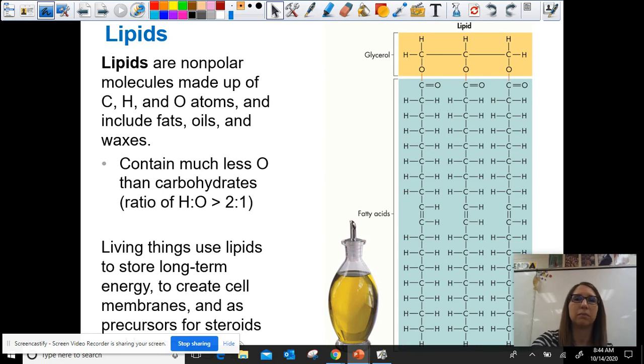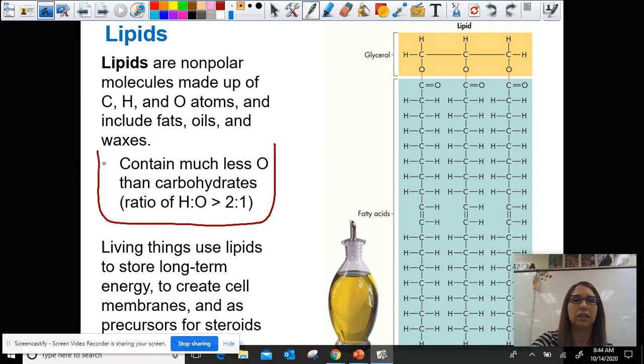So this item here would be important to jot down so that you remember this as a major defining feature of lipids. So much less oxygen as compared to carbohydrates. In this case, the ratio of hydrogens to oxygen is much greater than 2 to 1. So if you look at the image here on the right, the molecule that you see here, this is one giant lipid molecule. It's huge.